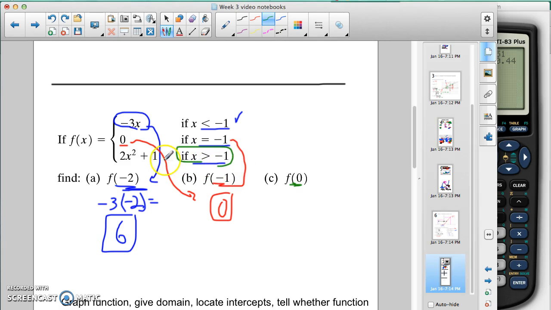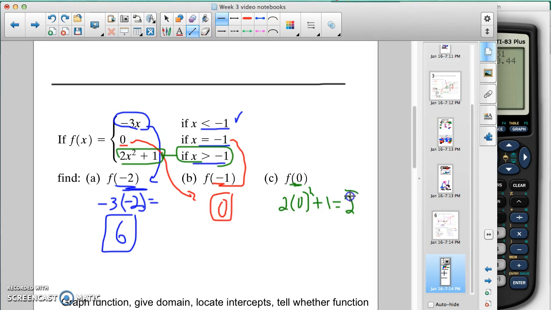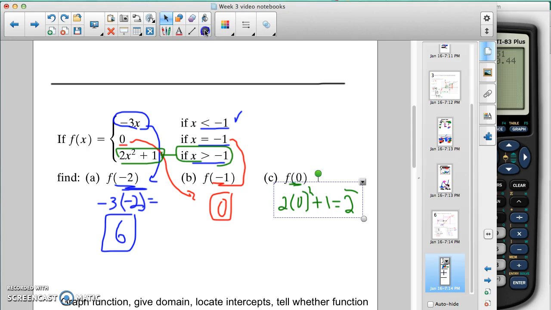It's going to be greater than -1, so we're going to use this rule. We're going to have 2 times 0 squared plus 1. Oh, sorry, that's not correct. That is going to be 1, because this part is 0 plus 1, which is 1. So our answer is 1 there.